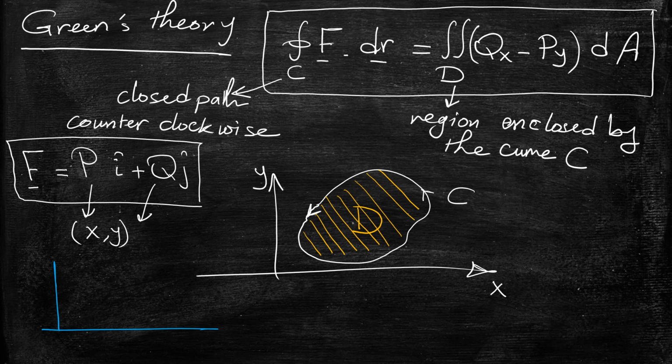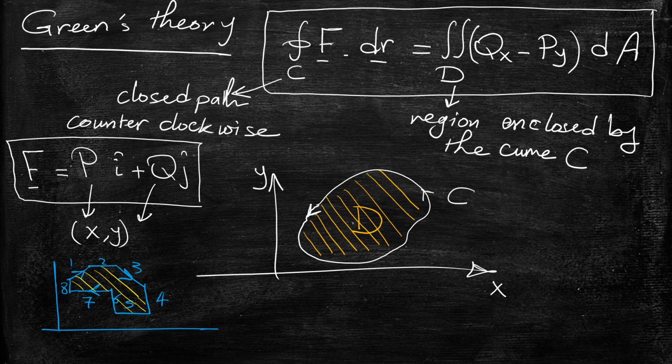Let's see. You can go through this line and then another line and another third line, fourth line, moving in multiple directions and multiple segments. Instead of doing these 1, 2, 3, 4, 5, 6, 7, 8 integrals, just compute the integral over this region surrounded by this closed path. And this is what Green's theorem implies.